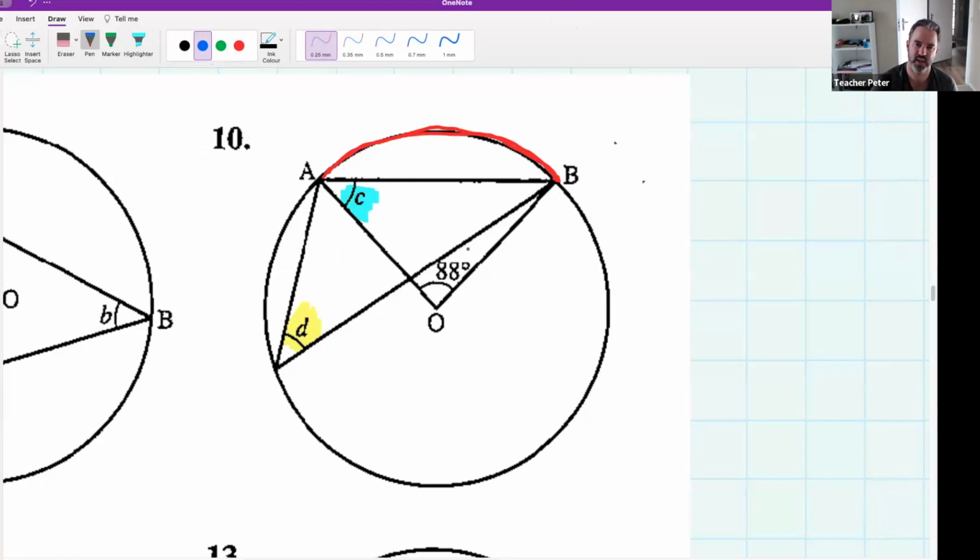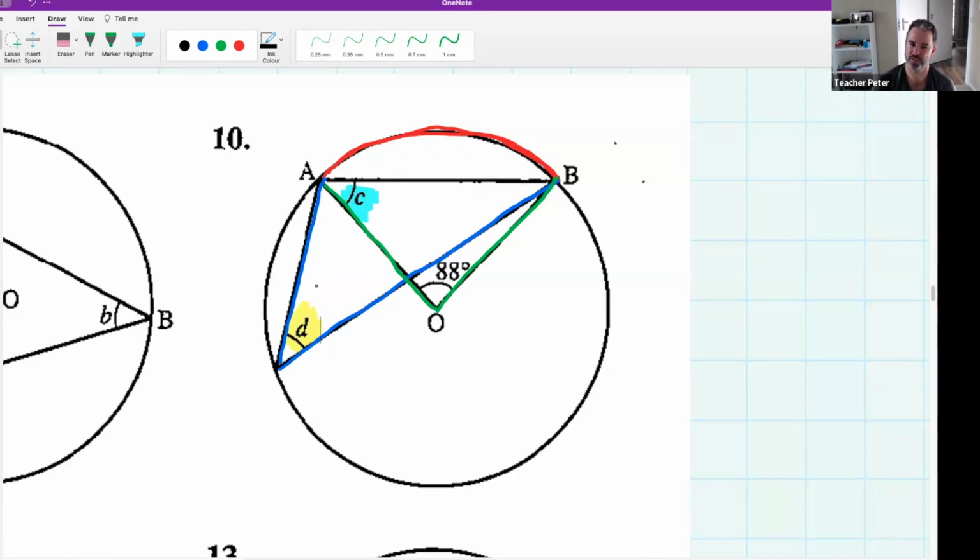And what I'm going to say is that this goes there, and this goes here. Can you see that the angle at the circumference is D? So what do we think D is going to be?